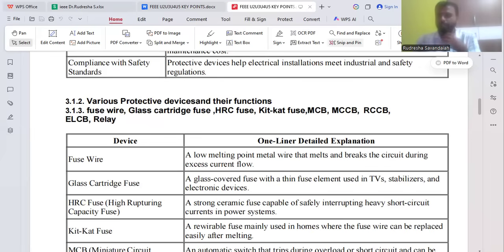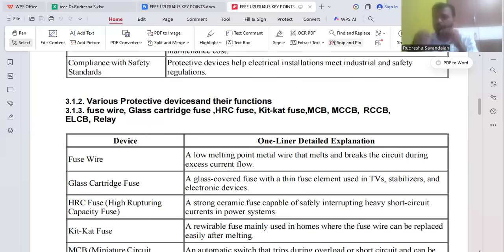Hello. I'll be giving a small break for objective questions for the people attending. Just have a look here at various protective devices and their functions.